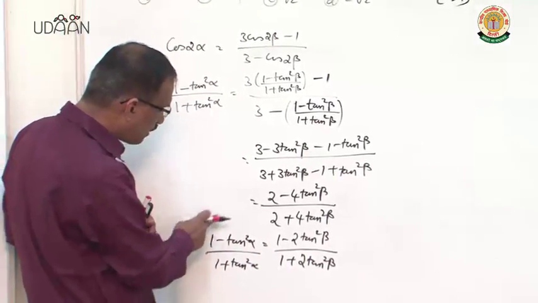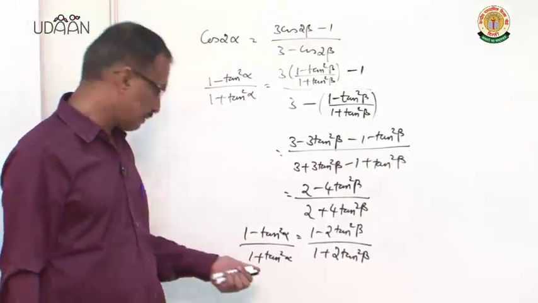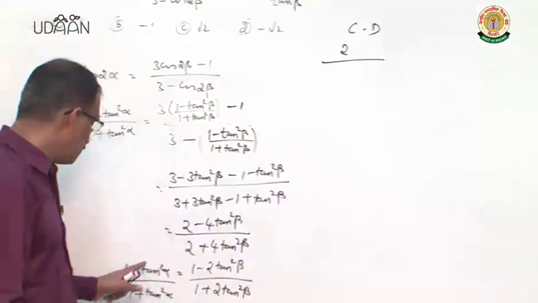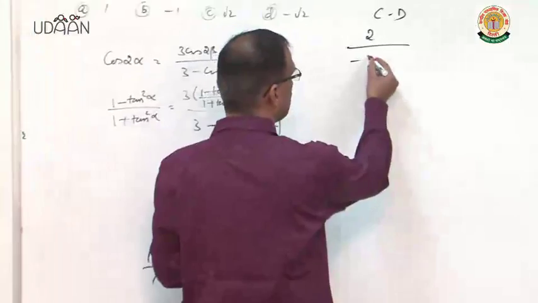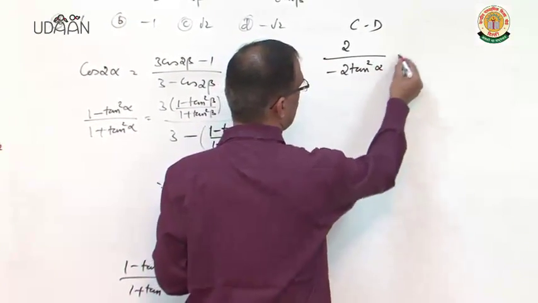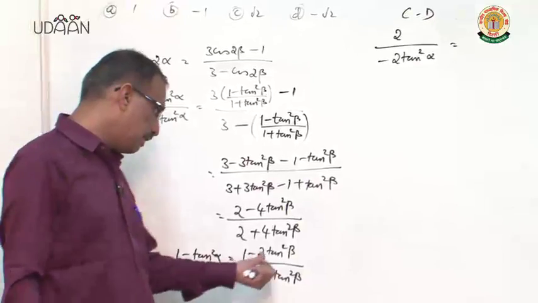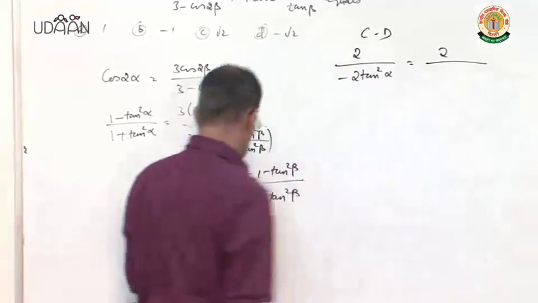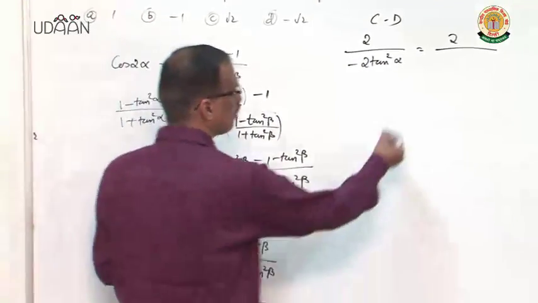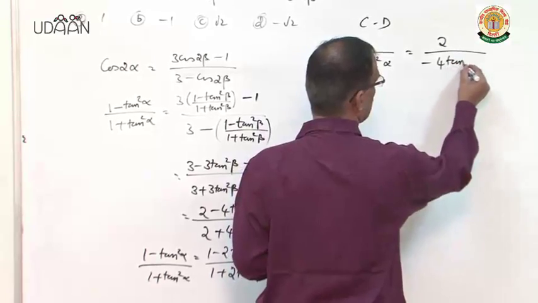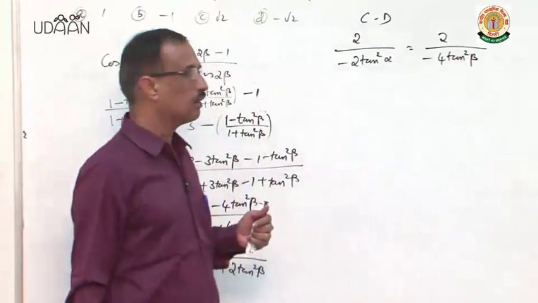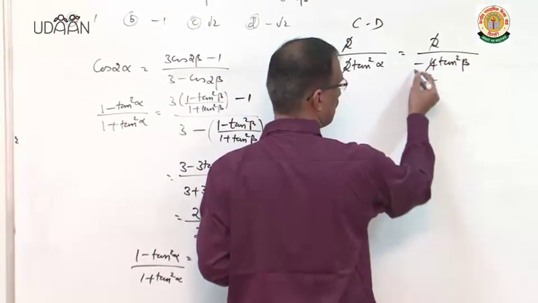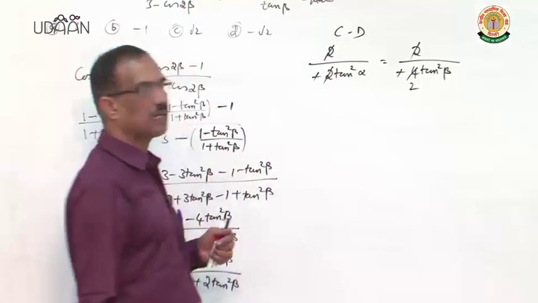So now if you have the numerator 1 minus tan squared alpha plus 1 plus tan squared alpha, you get 2, upon this minus this, you get minus 2 tan squared alpha. Similarly, on the other side you get 2 upon minus 4 tan squared beta. Now this 2 and 2 get cancelled and this 2 and 4 get cancelled, 2 remains.